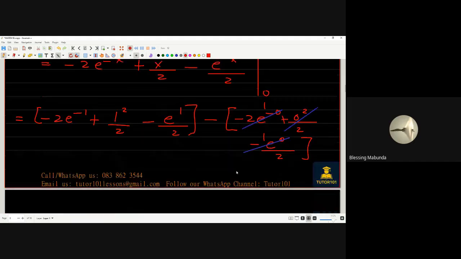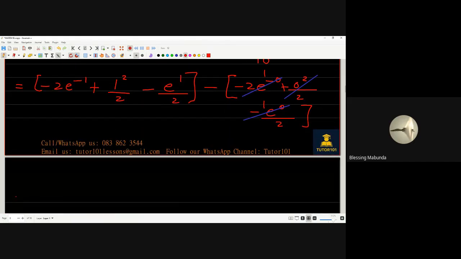Minus 2e to the minus 1 plus 1 over 2 minus e over 2, minus, so this is minus minus 2, which is plus 2.